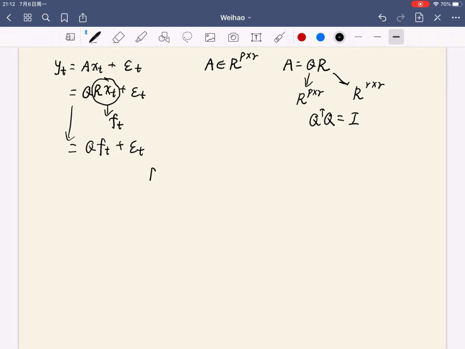For any r by r unitary matrix U, which means its inverse is its transpose, we have that QU and U transpose f_t still satisfy our model.